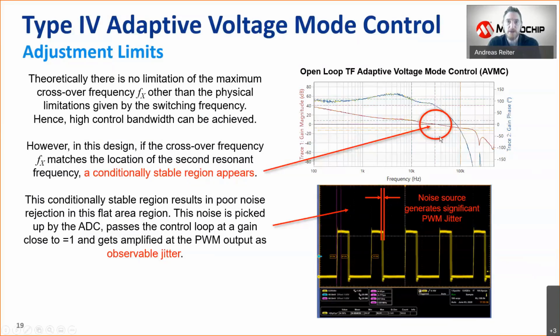So the system starts to resonate in itself, and this then manifests itself as a frequency jitter, which becomes visible on the duty cycle. So here you see this falling edge starts to vary a lot, and the jitter is getting worse and worse and worse the more we try to push the crossover frequency up. So this means for these both two systems, 20 kilohertz is pretty much the limit, and this is where we nailed it.